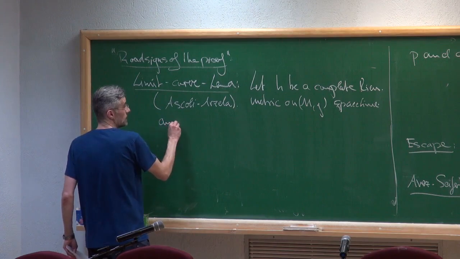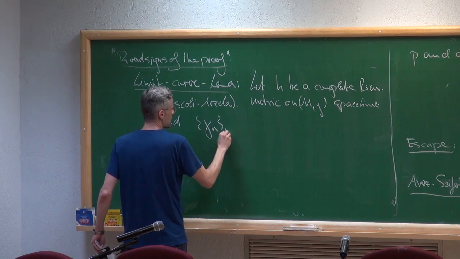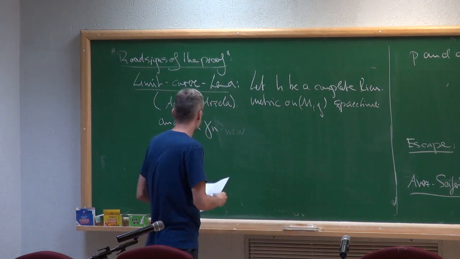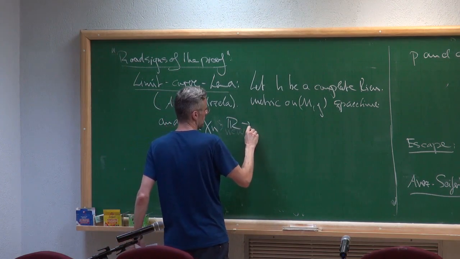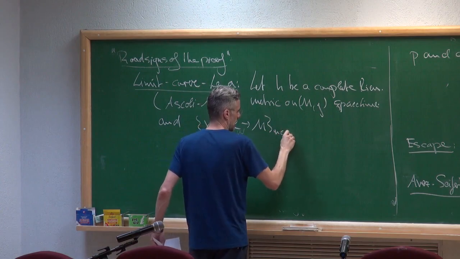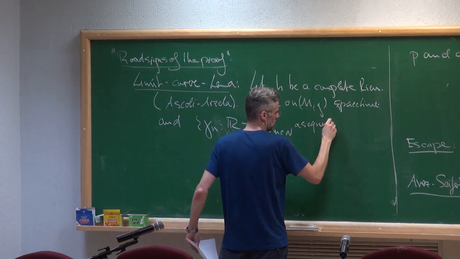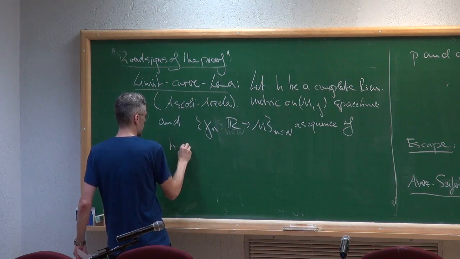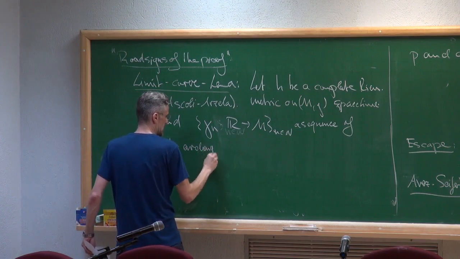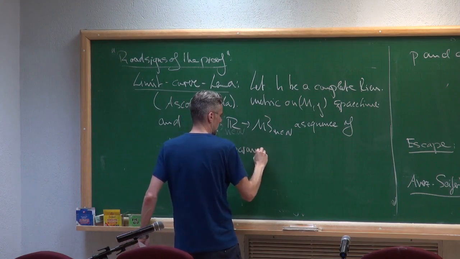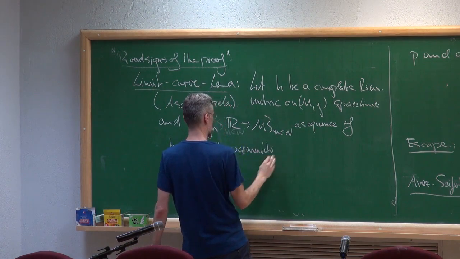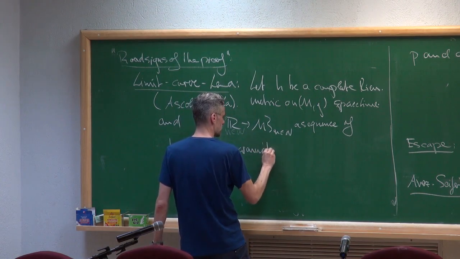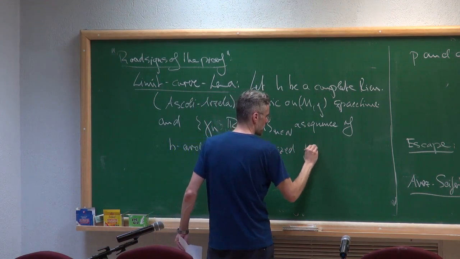And γ_n is a sequence, and I want to make them be defined on the entire real line, a sequence of h-arc-length parameterized future pointing causal curves.